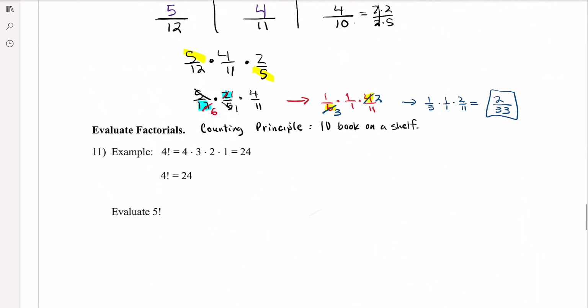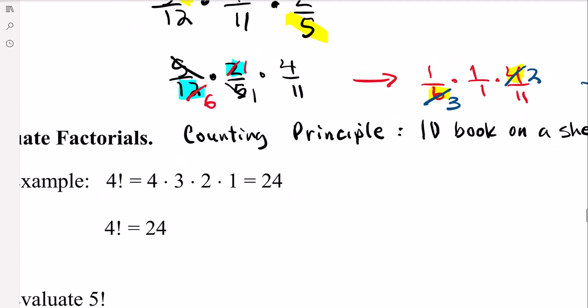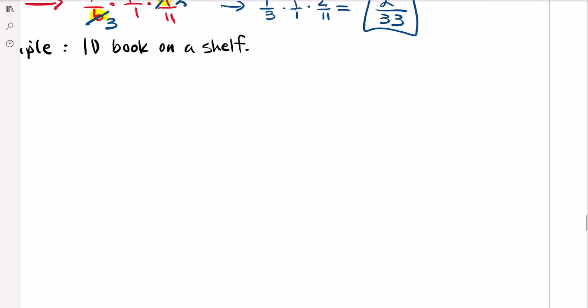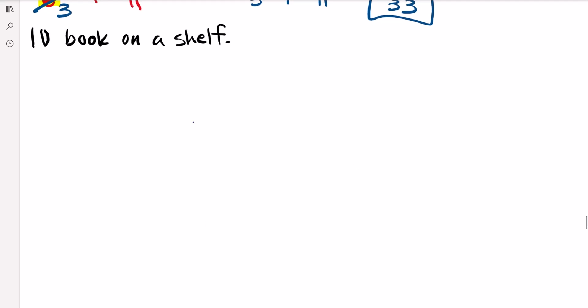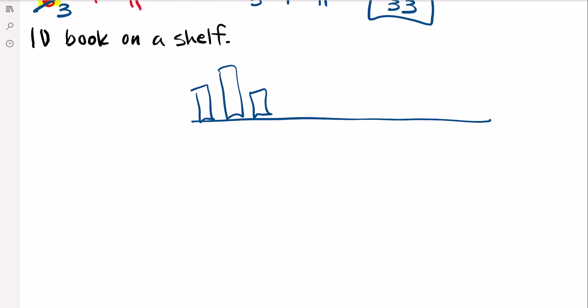All right. Factorials are what's called the fundamental counting principle. Now, what I recommend is you actually put on your desk 10 books, and preferably of different sizes.